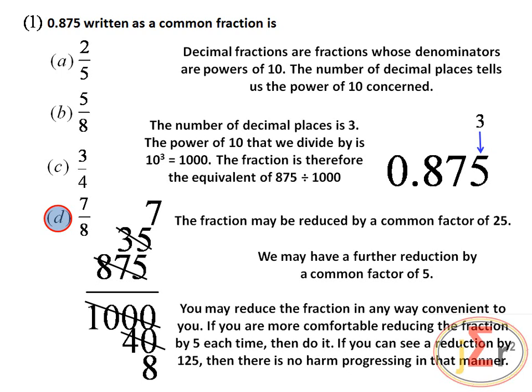Of course, you will realize that the greater the common factor that you divide by, the quicker the fraction will be reduced. But some students may not be able to see the largest possible common factor, and you may therefore reduce your fraction according to your ability.